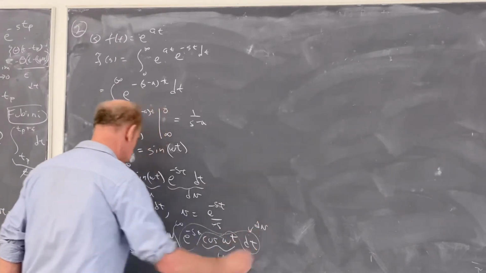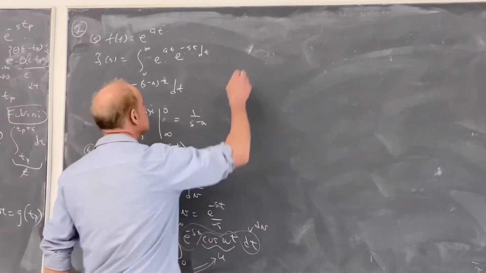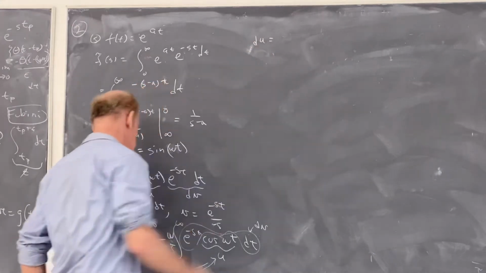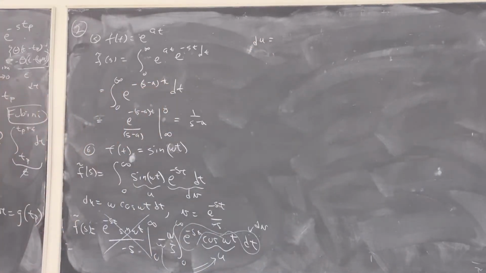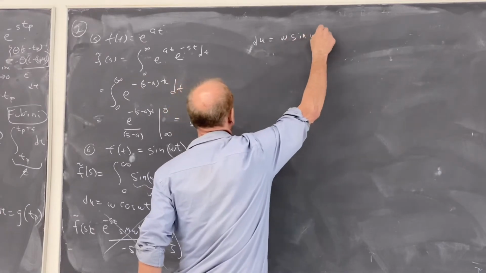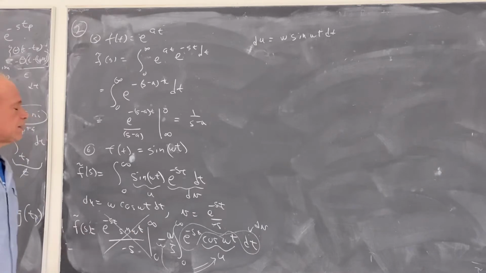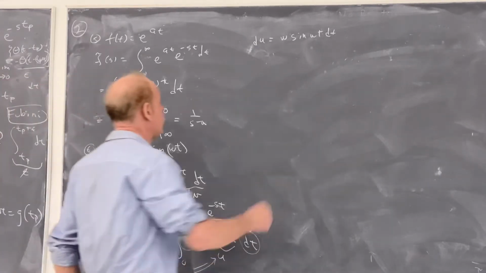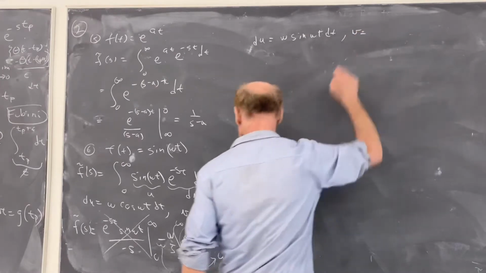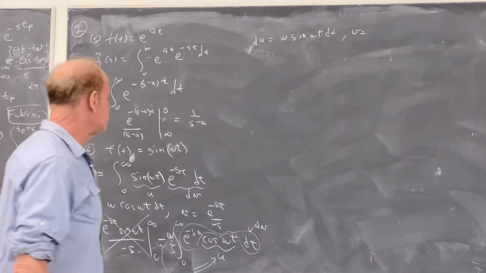Okay, so du is equal to omega sine omega t dt. So I take the derivative of cosine, I get minus sine, so I kill that minus sign. Sine omega t dt. And v is again the same thing as before, e to the minus st over minus s.